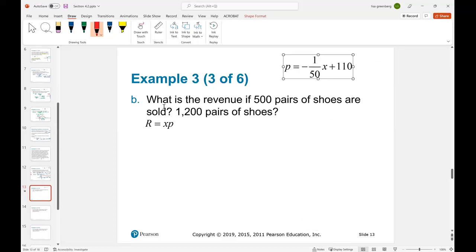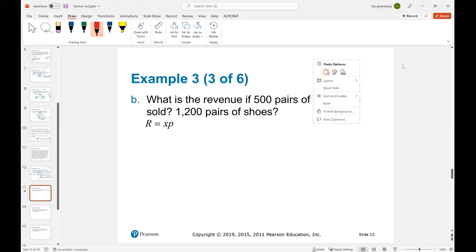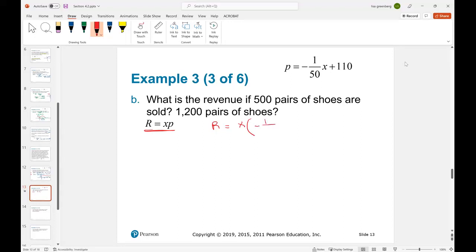Okay, so it says, what is the revenue if 500 pair of shoes are sold? Well, oh yeah, I did need it, sorry about that. So I know that R is equal to X times P. So now I know that R is equal to X, but I have an equation for P. It's minus 1 over 50 X plus 110.